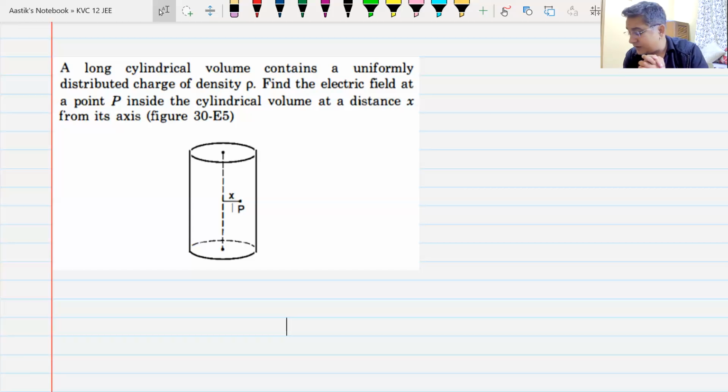They have asked you to find the electric field inside, but I will ask you to find the electric field everywhere: on the axis, inside, on the surface, and outside as well.